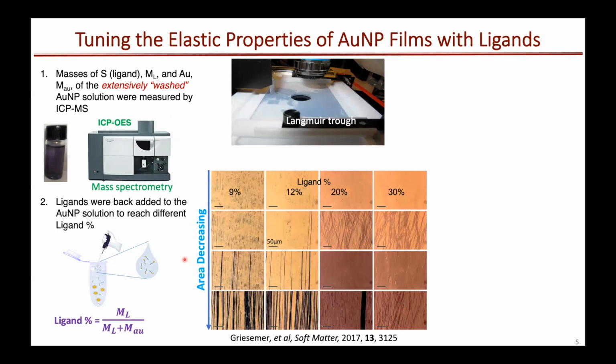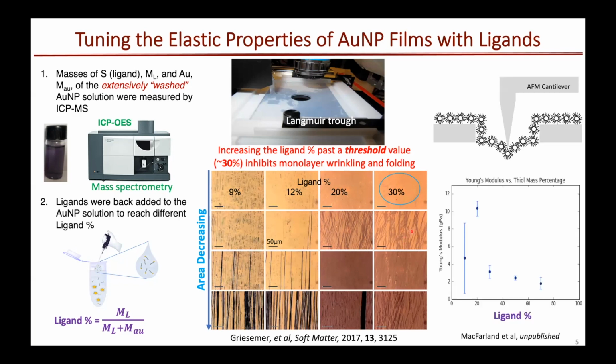We observed that monolayers of different ligand mass fraction give different elastic responses in terms of wrinkle and fold. When the concentration reached around 30%, this wrinkle and fold behavior disappeared, meaning the films are much more viscoelastic.